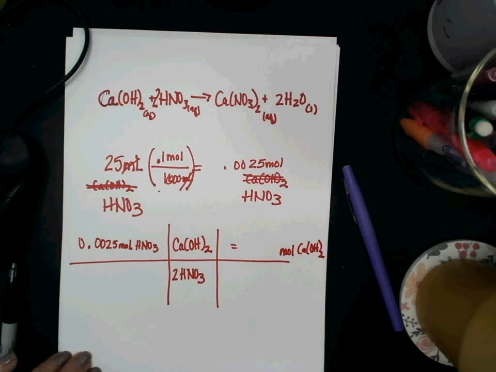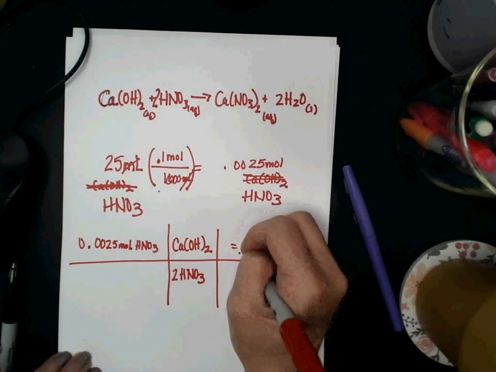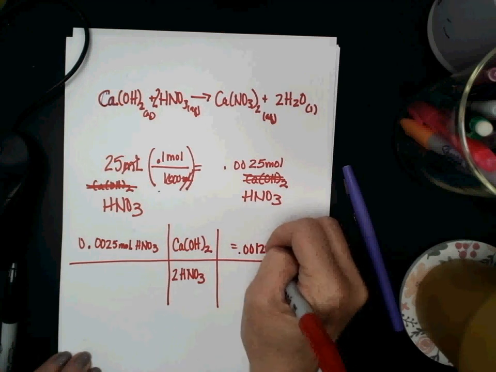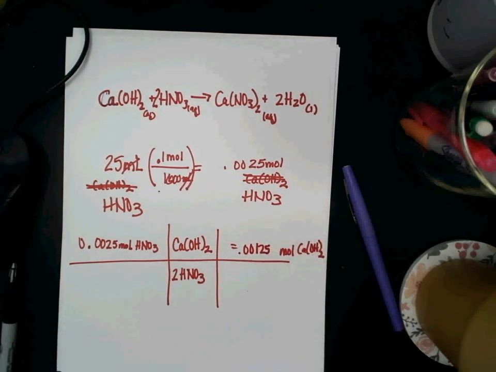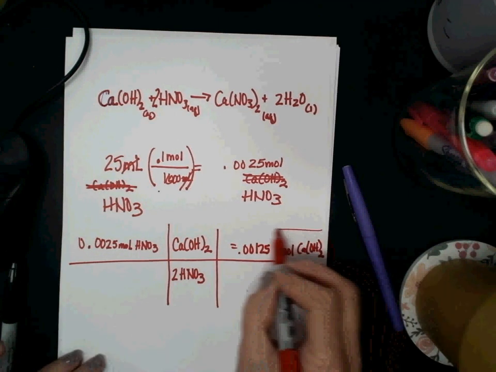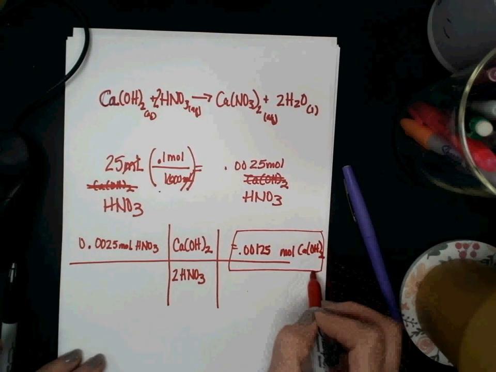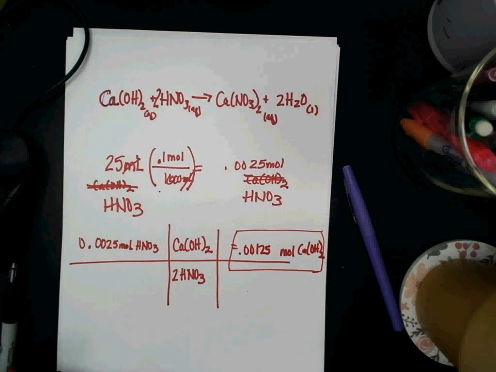So that gives me how many moles of calcium hydroxide? Punch that in and see. .00125 mole of calcium hydroxide.